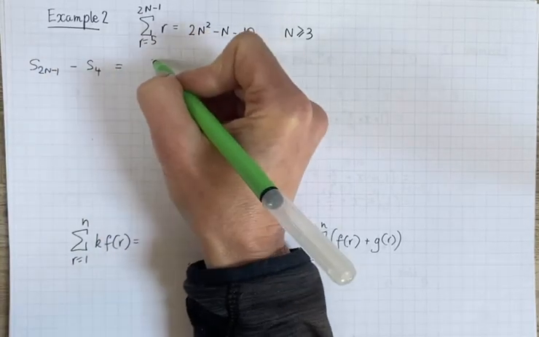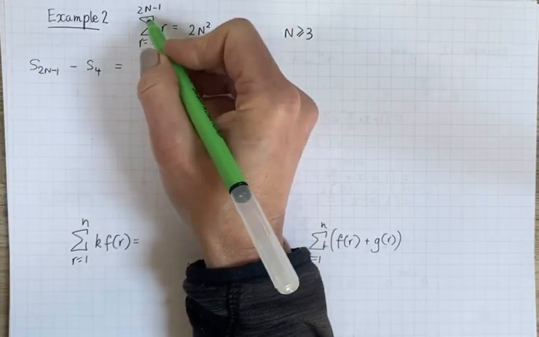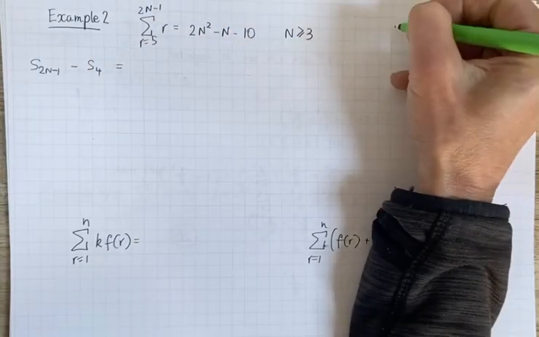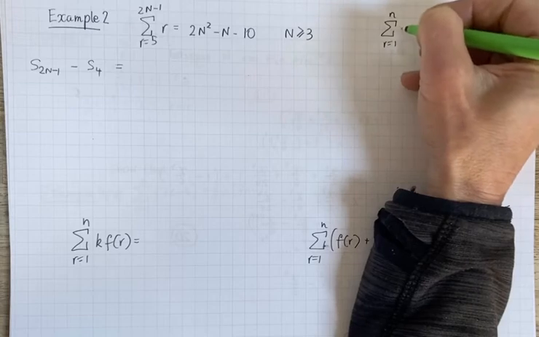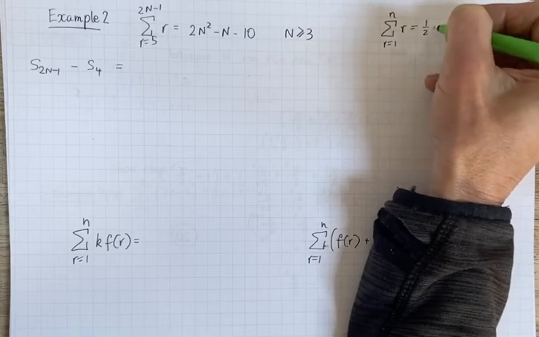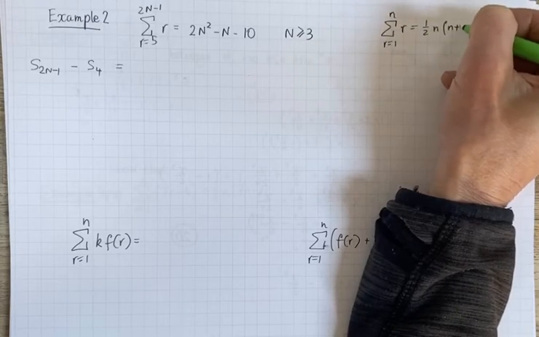Okay, so first of all, let's just copy down the result that we're going to use. So this is the sum of r equal to a half n times n plus 1.